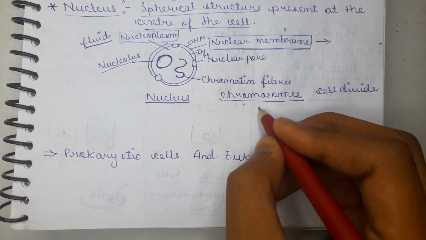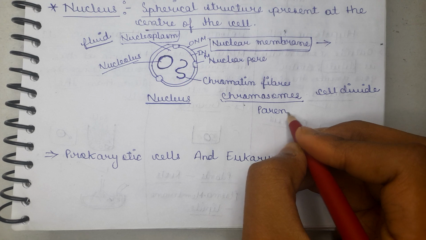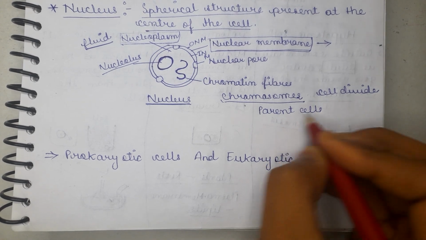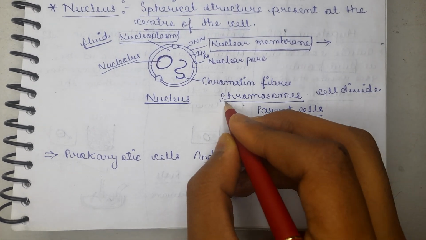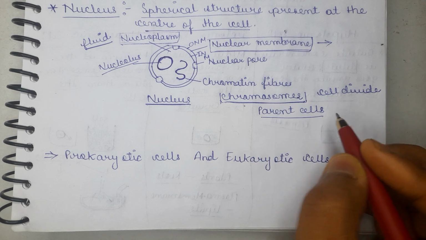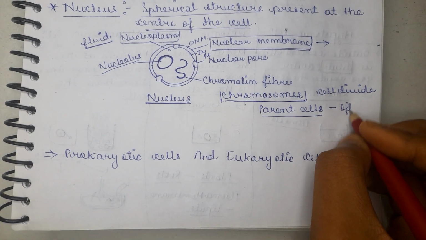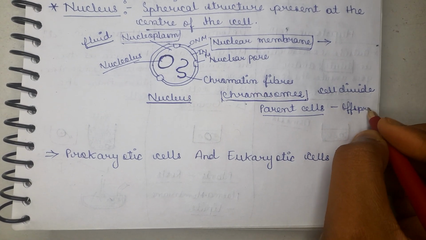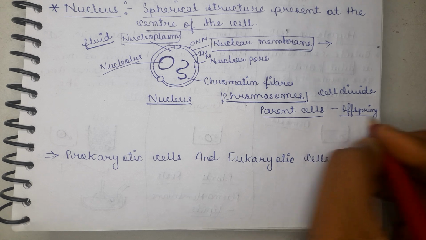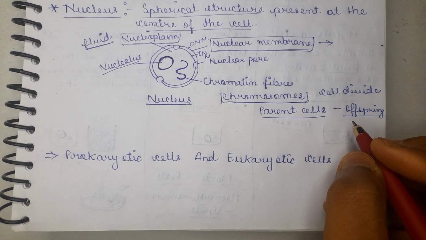In a cell also there is a parent cell, and the parent cell consists of some chromosomes, and these chromosomes help the offspring of the parent cell to get their features.